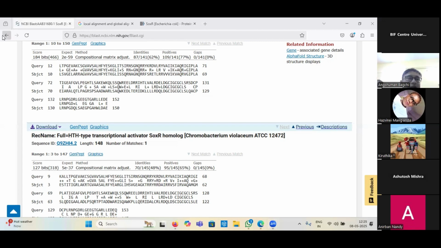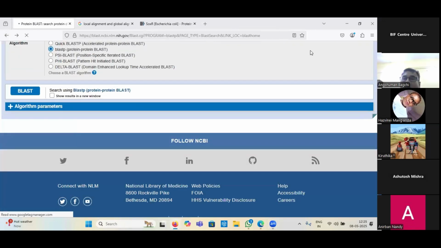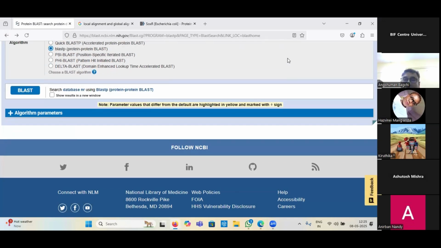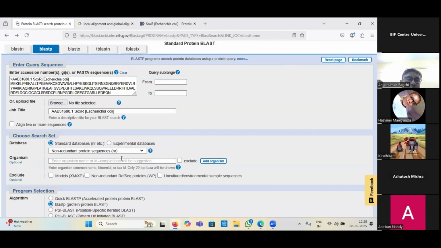Okay, so let me again go back and do the same alignment with non-redundant databases. And generally, it is better to use the non-redundant database.